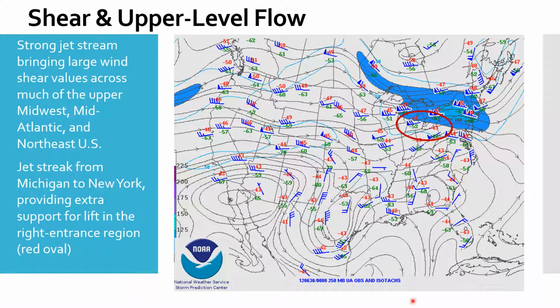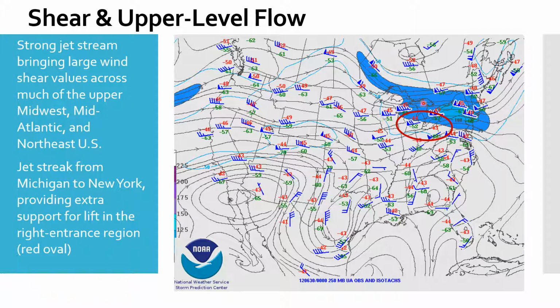So this jet streak is going to provide increased upper level support for divergence aloft and increased upper level support for rising motion, which will turn into our strong updrafts and our thunderstorms. This red oval here highlights the location of our right entrance region of the jet.